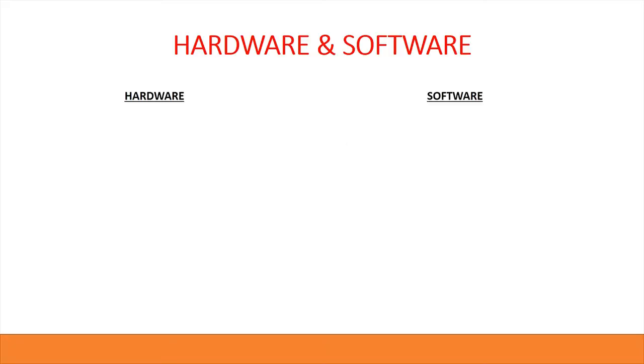Okay, so today what we are going to start is a simple concept known as hardware and software in computer fundamentals. What are hardware and what are software in computer fundamentals?